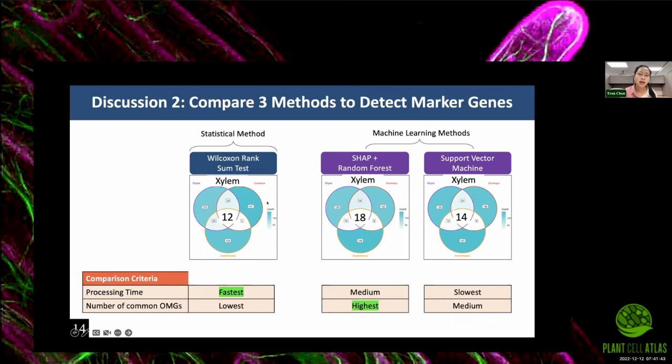You can see right here in the slide showing that the traditional statistical method, rank sum test, can provide the result fastest, and machine learning approach, specifically SHAP based on random forest, can detect the most number of common OMG among 3 plant species compared to 2 other methods.